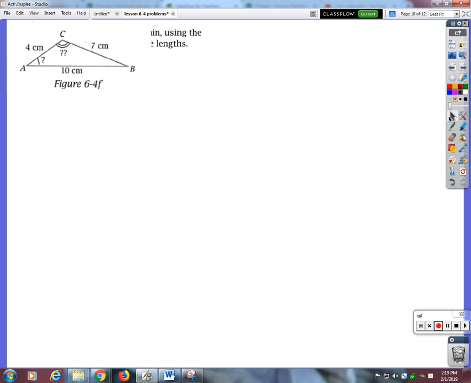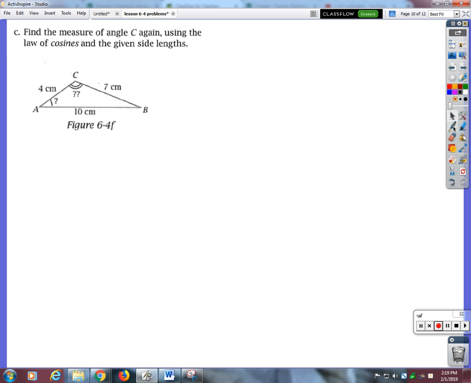Okay, so if I want to use the law of cosines to find that side, now I'm going to do this is what Kai was doing to start with. 10 squared equals 4 squared plus 7 squared minus 2 times 4 times 7. Remember, Gus, to only use the 4 and the 7, not the 10. Cosine of C. You guys okay with that?